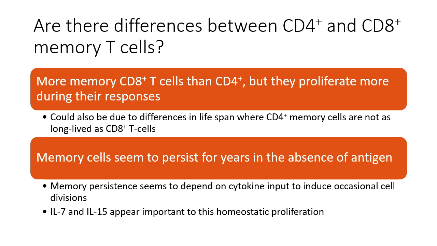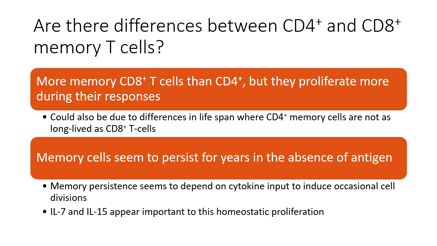Yes? Which one proliferates more? The CD8 positive T cells. It's just that during those initial clonal blast steps, after you activate a naive CD8 positive T cell, it actually divides faster and better than CD4 positive T cells.